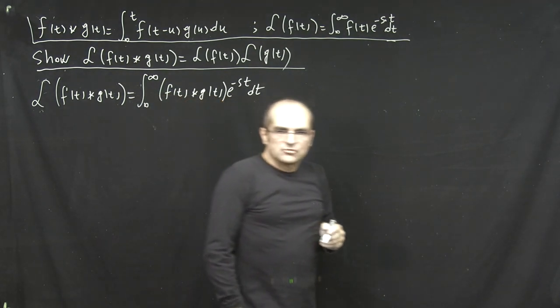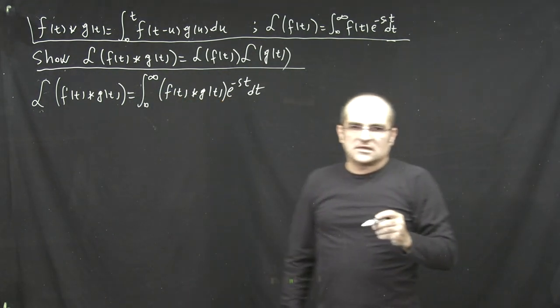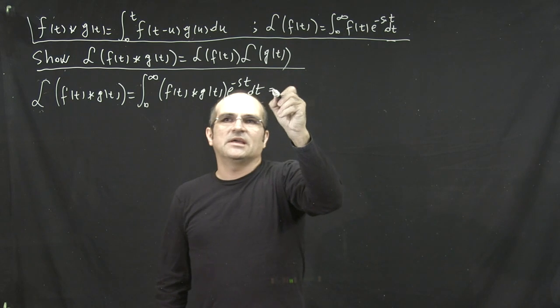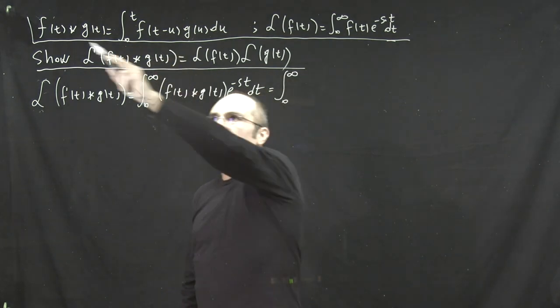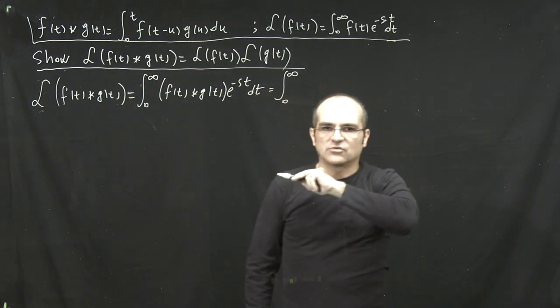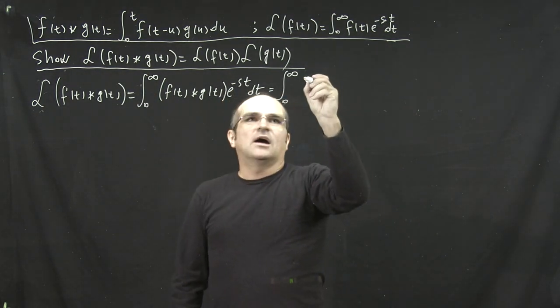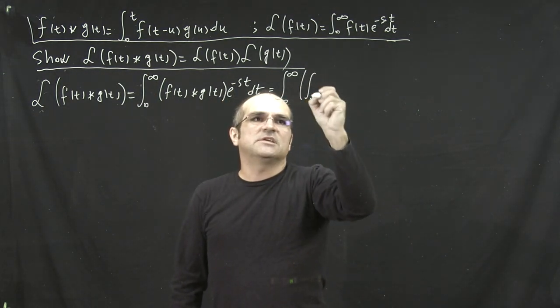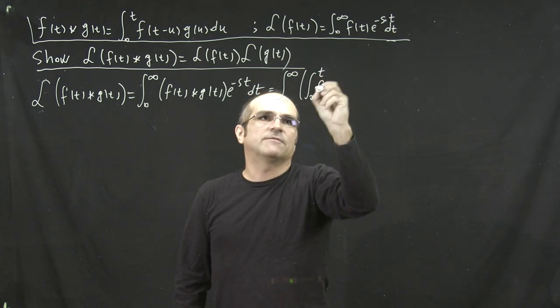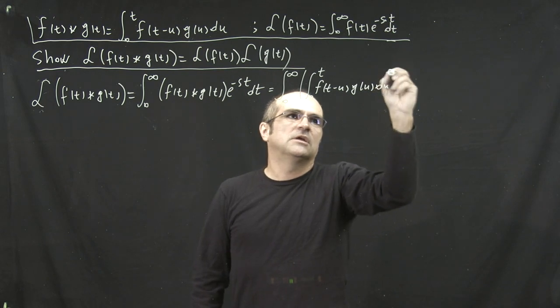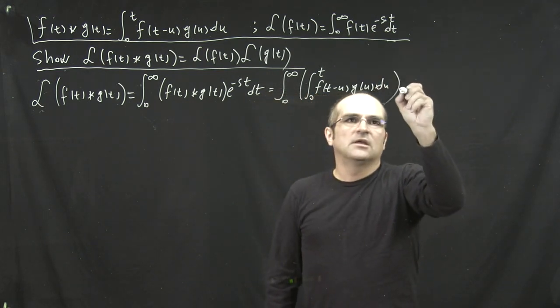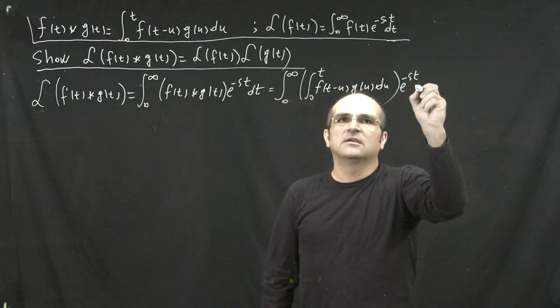Okay, so now it's time to write down what that convolution is. So we're going to insert another integral inside this integral. So f of t convolution g of t is the integral from 0 to t f of t minus u g of u du, close the inner integral, e to the minus st dt.